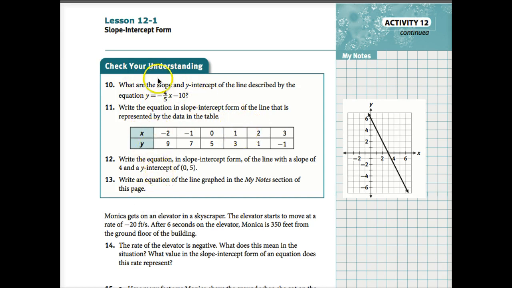You can work in your groups if needed, but take the next, I don't know, 5 minutes or so. So go ahead and hit pause on the recording while you work. So take some time here to go through and work through these check your understandings.